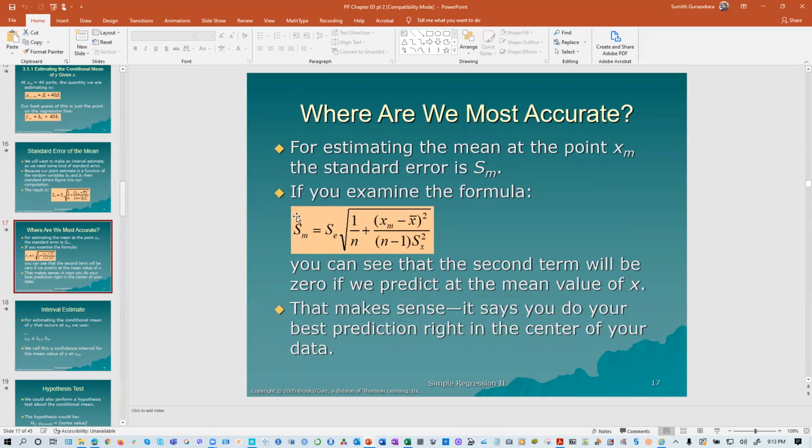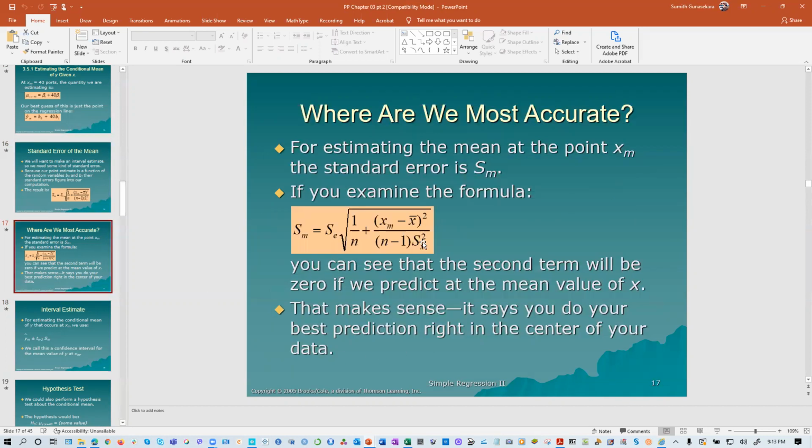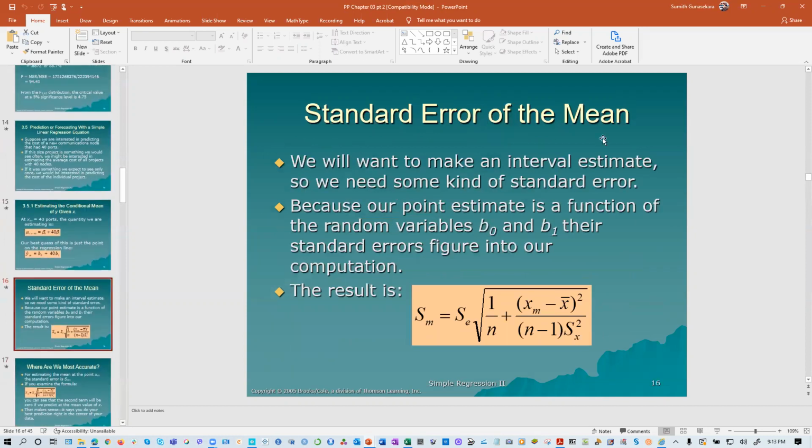So the standard deviation of the mean. If you examine the formula, you can see that the second term will be 0. So that's the standard error of the mean.